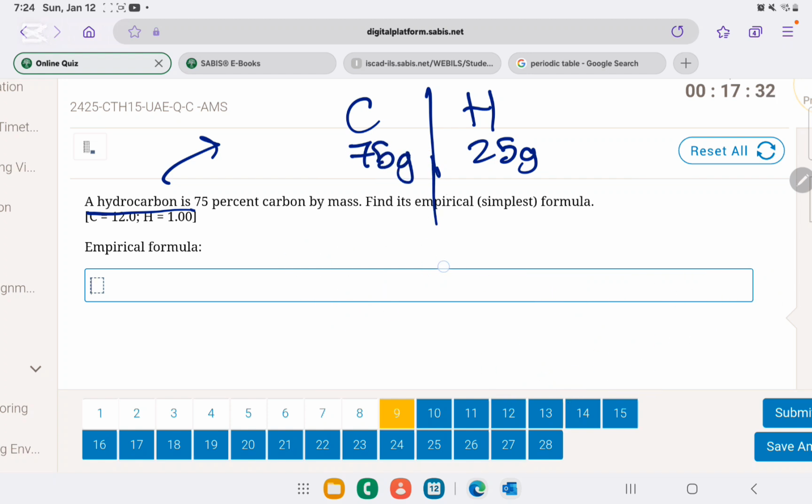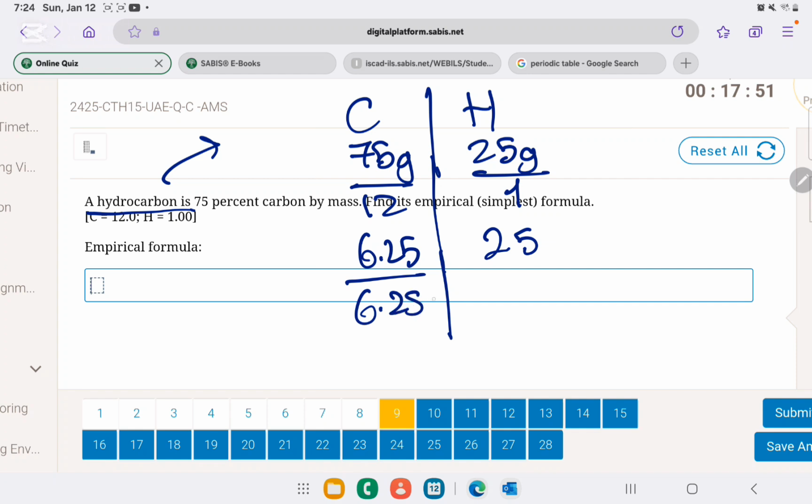Now to find its empirical formula, we need to do some steps. First, find the moles by dividing by the molar mass. Divide 75 by 12 and 25 by 1, and we get 6.25 and 25. The second step is to divide by the smaller number, 6.25. Here we get 1 and here we get 4.